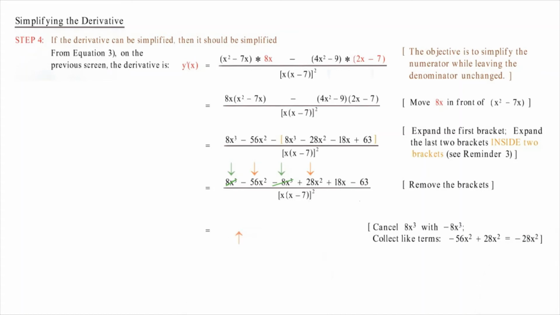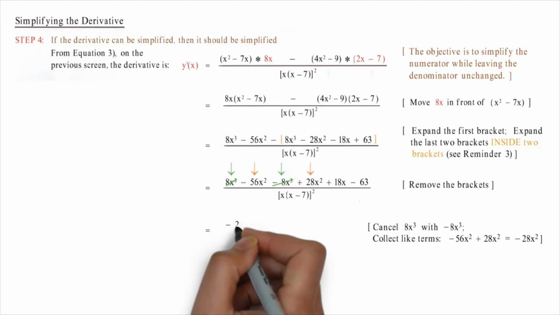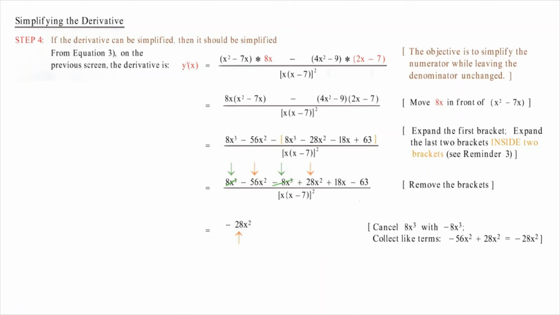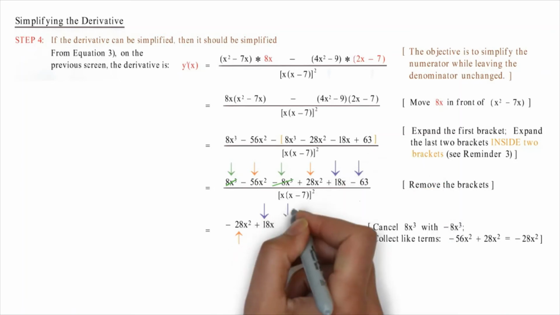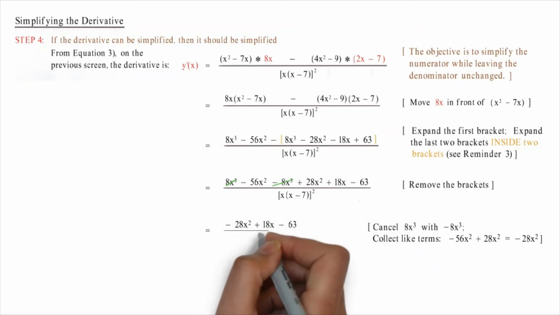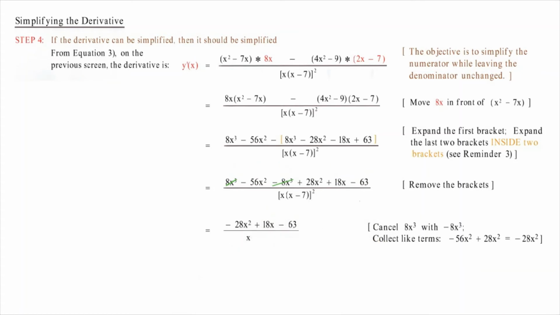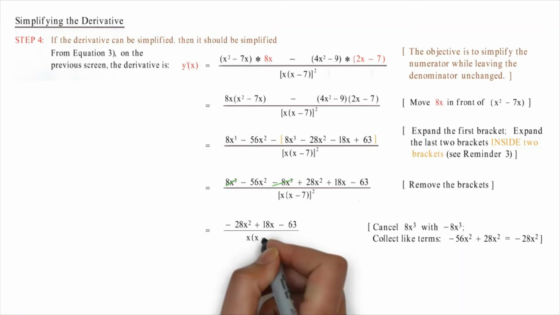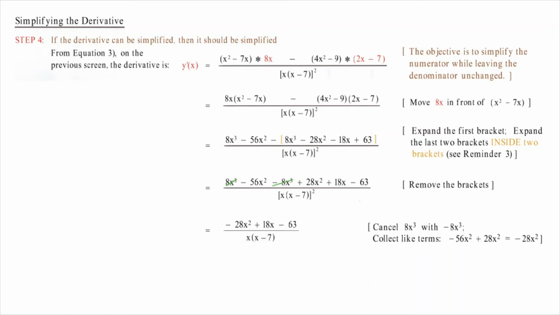So substitute minus 28x squared. Bring plus 18x down, plus 18x. Bring minus 63 down, minus 63. Divided by x into x minus 7 all squared.